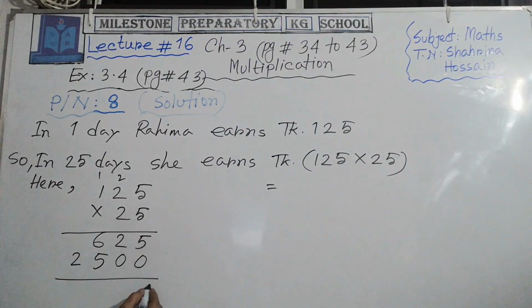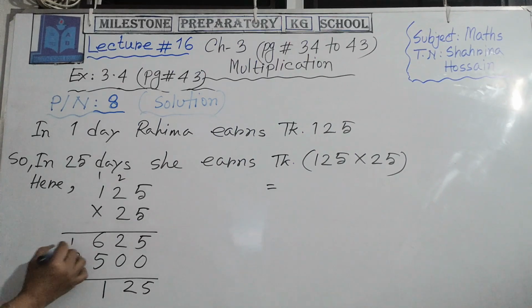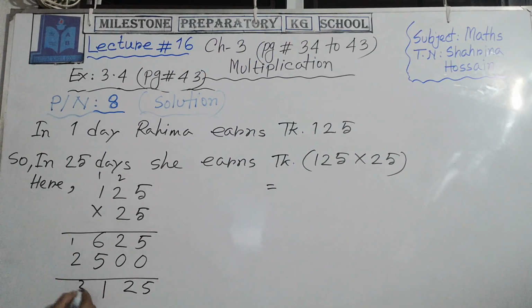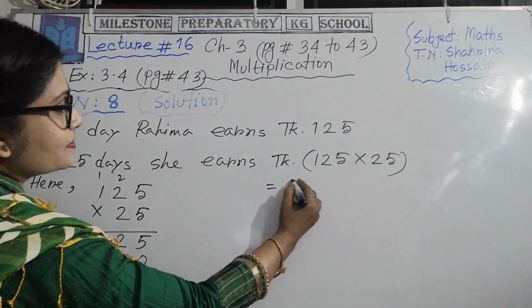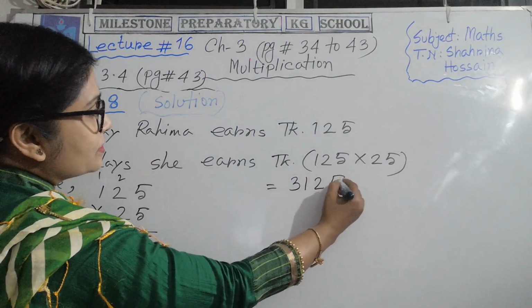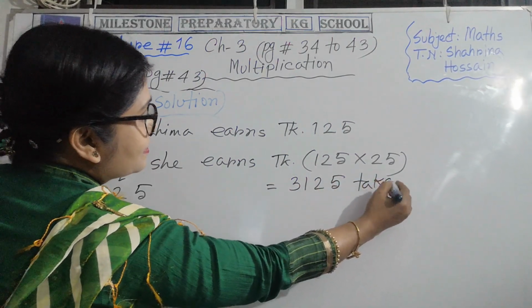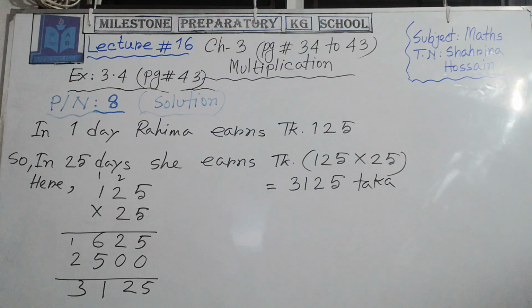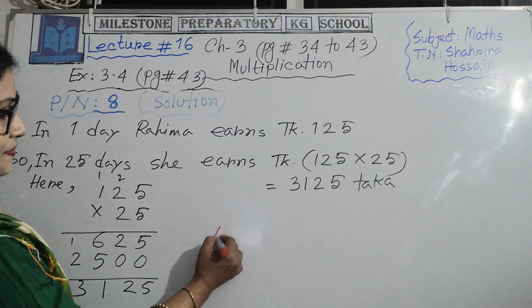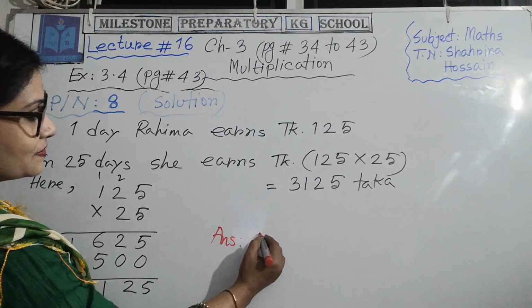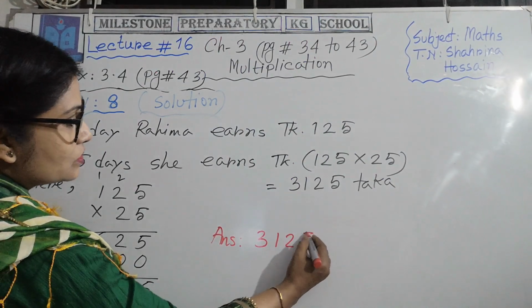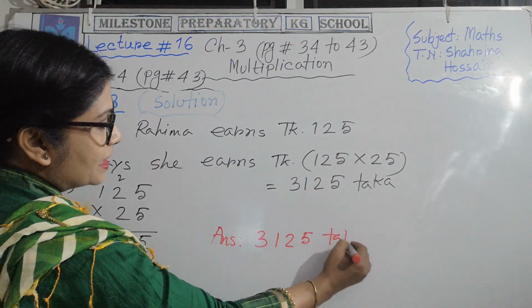So the answer is: 5, 2, 6 plus 5, 11. Here is 1, 1 plus 2, 3. That means 3,125 taka. That means in 25 days she earns this amount of money. Answer: 3,125 taka.